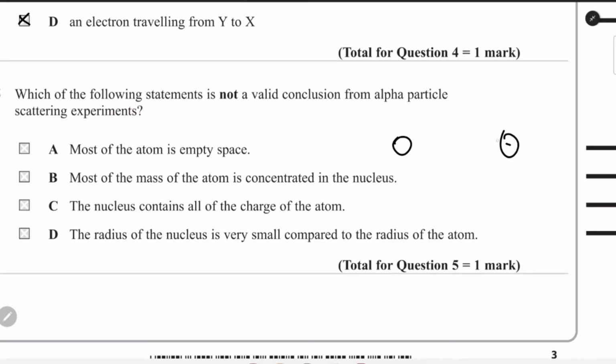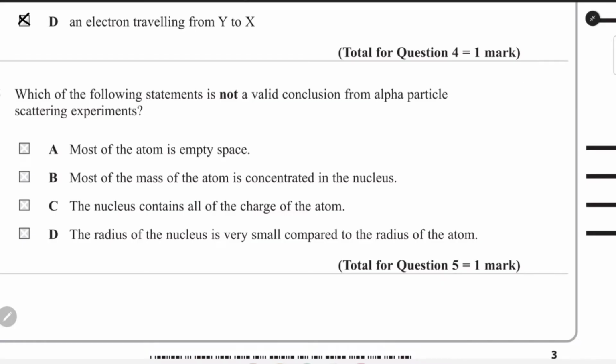So in gold there are gold atoms over here with its nucleus. Now if I shoot alpha particles at this, the alpha particles move away. Most of the alpha particles go straight through the atoms. The ones that are close to the nucleus move away.